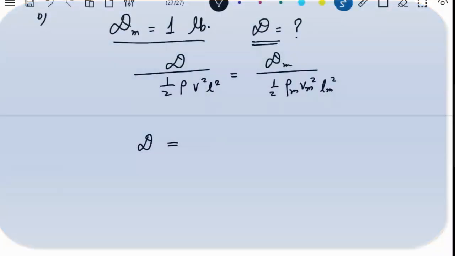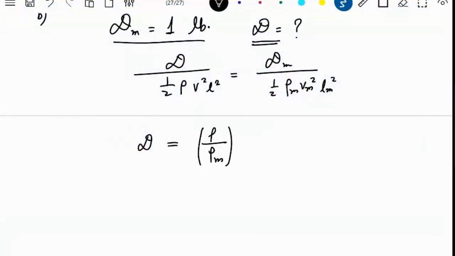So let's say this is the 10 pound. I can equate the coefficients: the first is for the prototype, and the second is for the model. Then D is equals to rho divided by rho m, times L by Lm squared, times Dm.